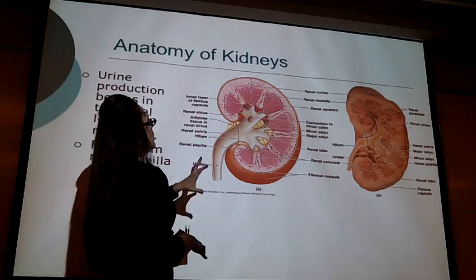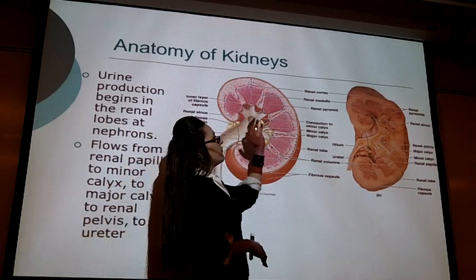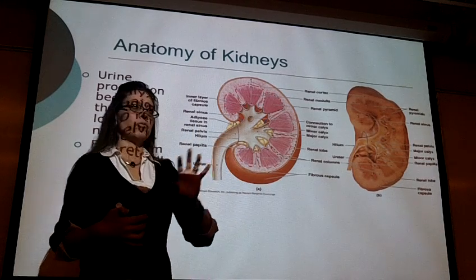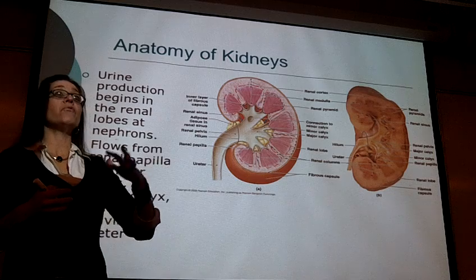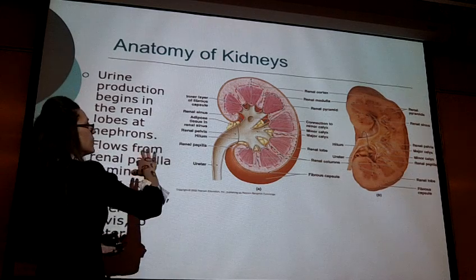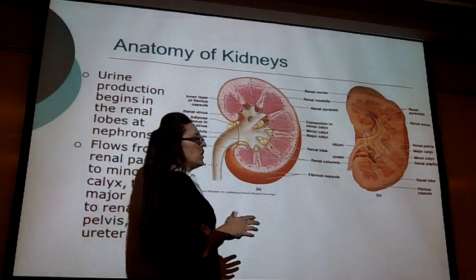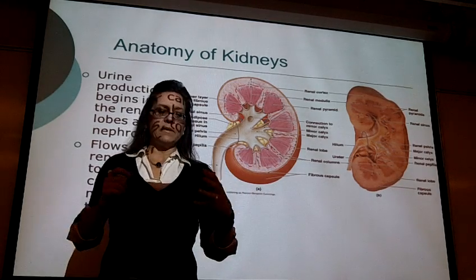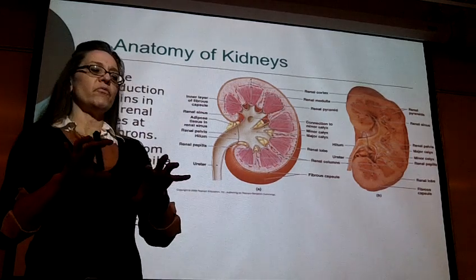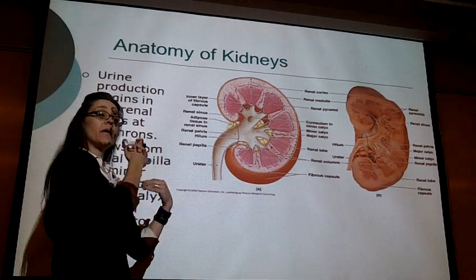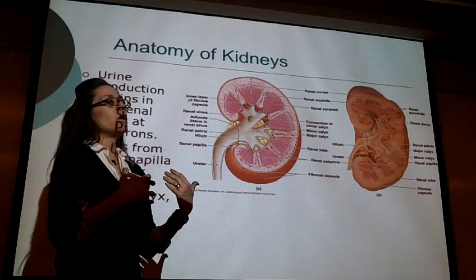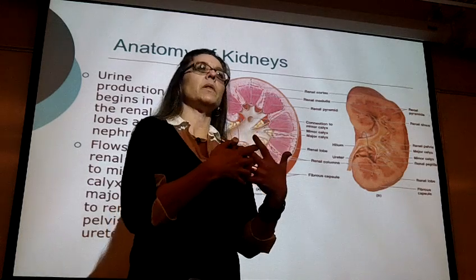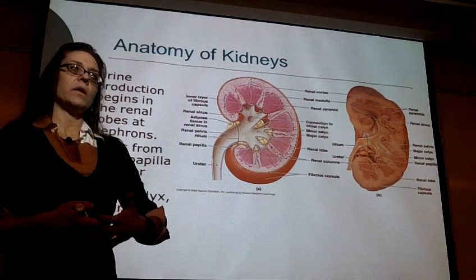And then as that fluid that we took out of the blood is traveling through the kidneys, that fluid will be called the filtrate. As it's traveling through the kidneys, we're going to be able to reabsorb material, meaning take material that ended up in that filtrate, and we're going to be able to put it back into the blood. And then we're also going to be able to secrete. We're going to be able to take things that are in the blood and put it into the filtrate.